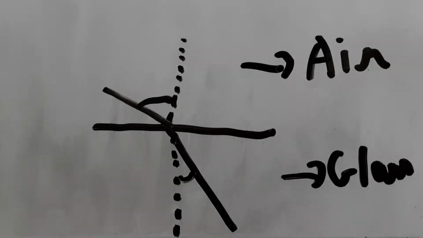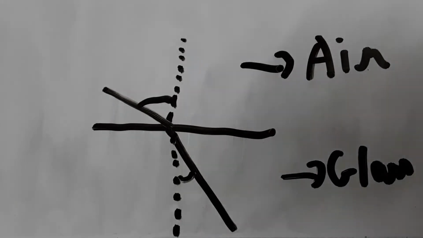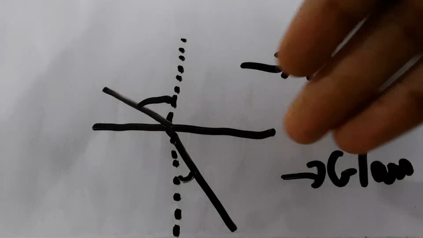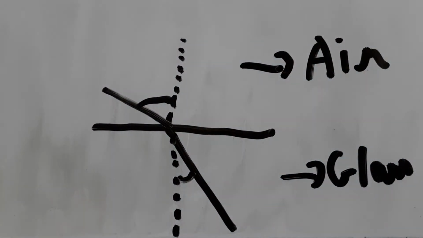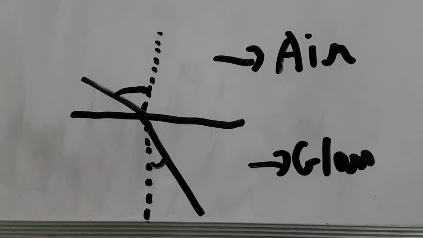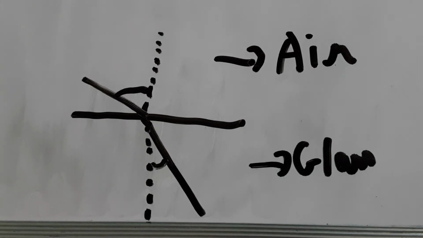So whenever we are moving from optically denser to optically rarer, it will go away from the normal, and when we are moving from optically rarer to optically denser, it will move towards the normal. So this is what refraction is, and if you want to know more, you can watch my video. I will give the link in the description below, where I've explained the concept very well.